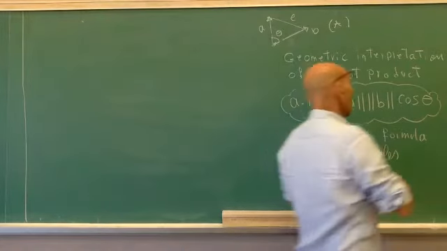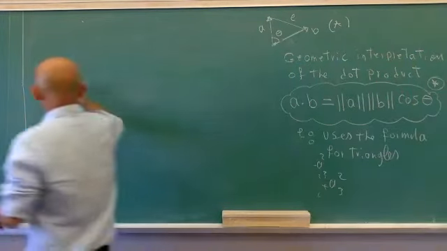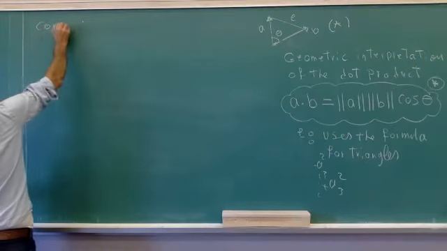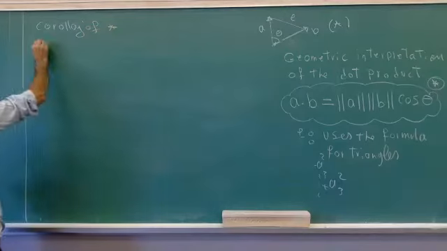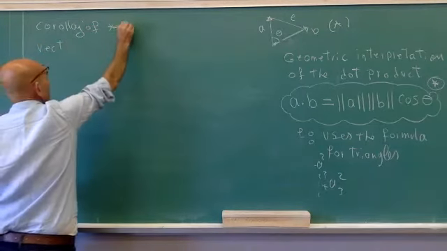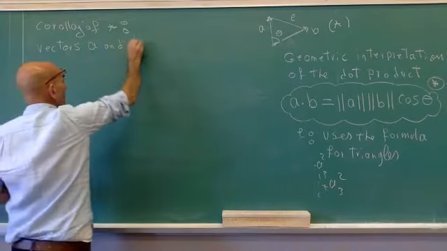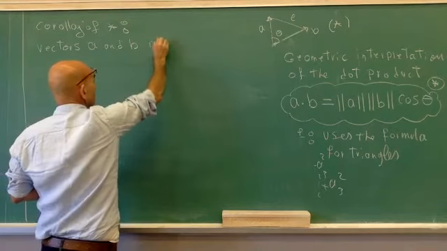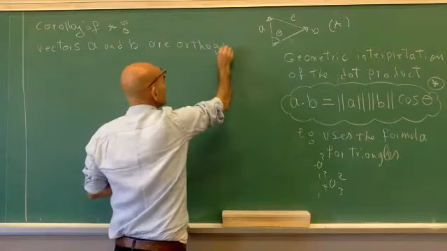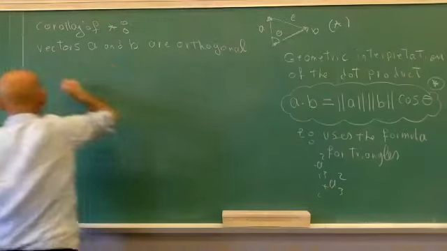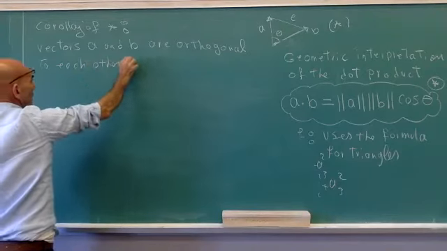So call this star then. So a corollary to star: vectors A and B are orthogonal to each other if and only if.